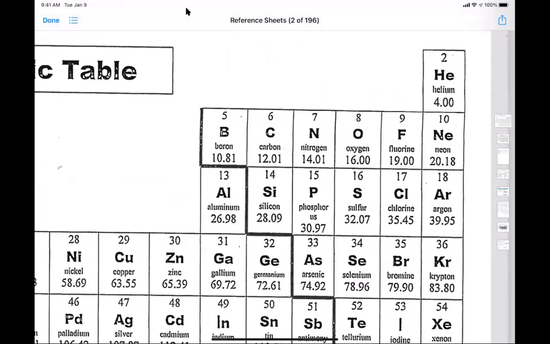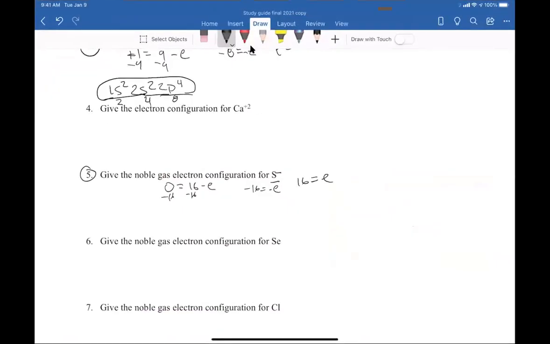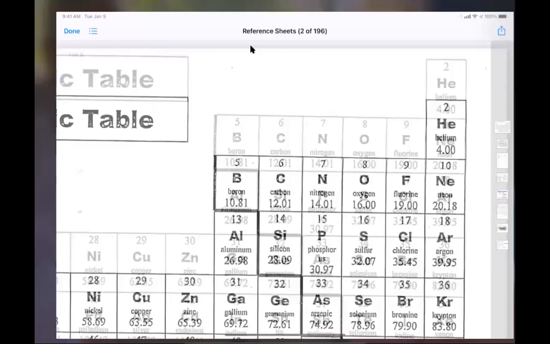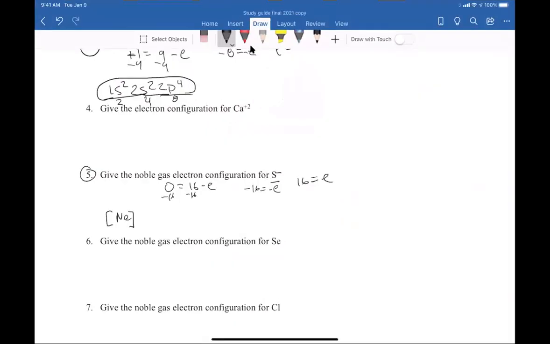Would it be neon or would it be argon? Neon, exactly. Neon doesn't surpass the 16, argon does. So what we would do here is put neon in brackets. Now, neon, as you can see, is number 10. So that means it's 10 electrons there.